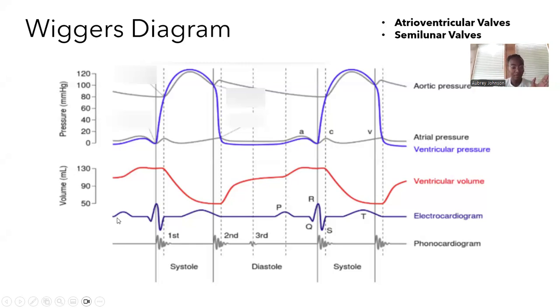So P wave, if you remember, signals atrial contraction, but it doesn't happen instantly. That's not how it works. So P wave, atrial contraction, and from there, sometime after that, we see the volume of blood increasing in the ventricles. We also see a slight pressure change here.